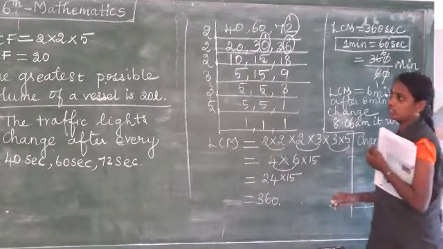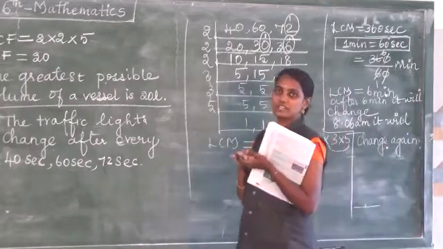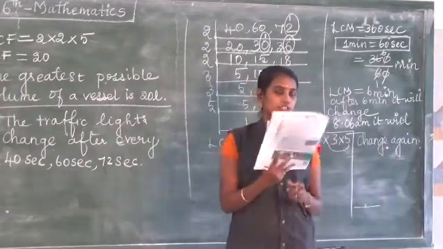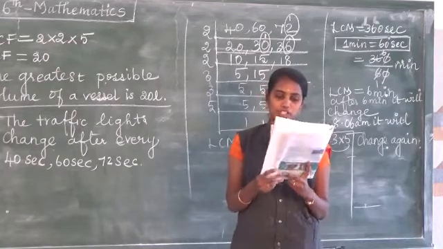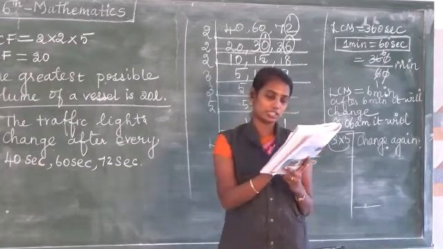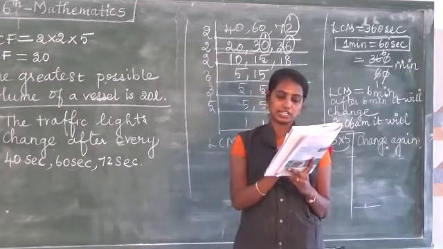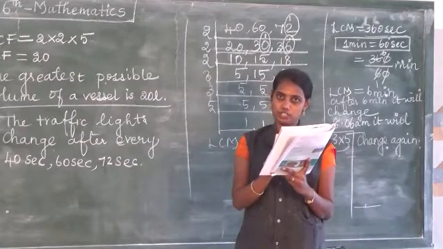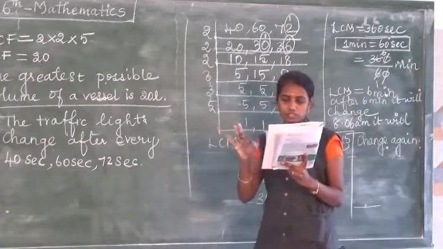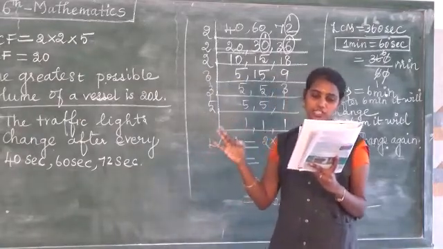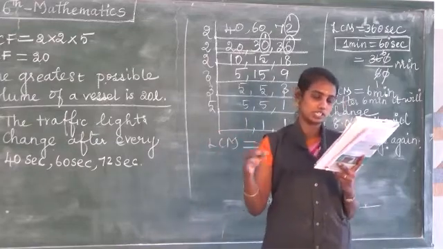Okay, once again. Here question number 7, understand the question, that's why I told you to take a book, page number 21. So I am going to read the question once again. Listen, the traffic lights at 3 different road junctions, after every 40 seconds, 60 seconds, 72 seconds it's changing.